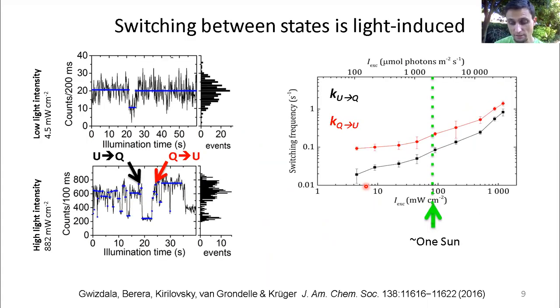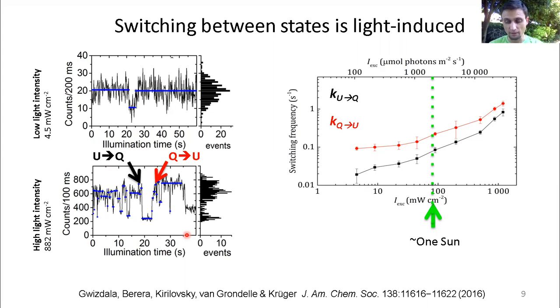We studied the fluorescence intensity switches across a broad range of excitation intensities. Shown on the left is an example of a trace at low light and one at high light intensity, indicating a huge difference in the switching frequency. Let's parameterize the switches.